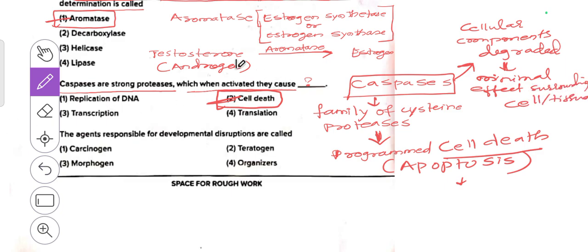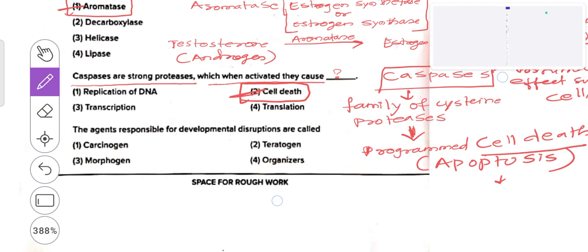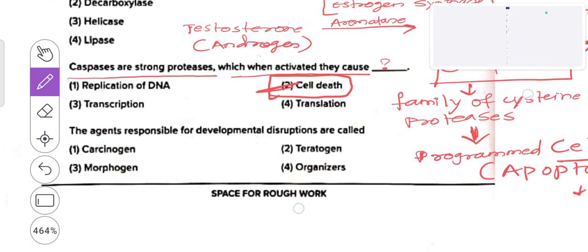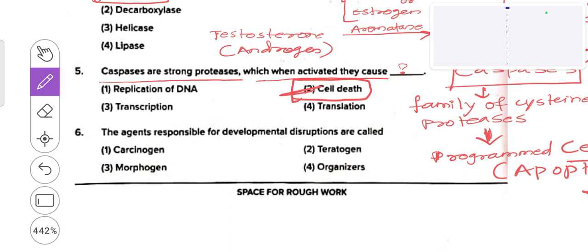So caspases belong to the cysteine protease family and take part in programmed cell death or apoptosis. So for fifth, A2 is the right answer.